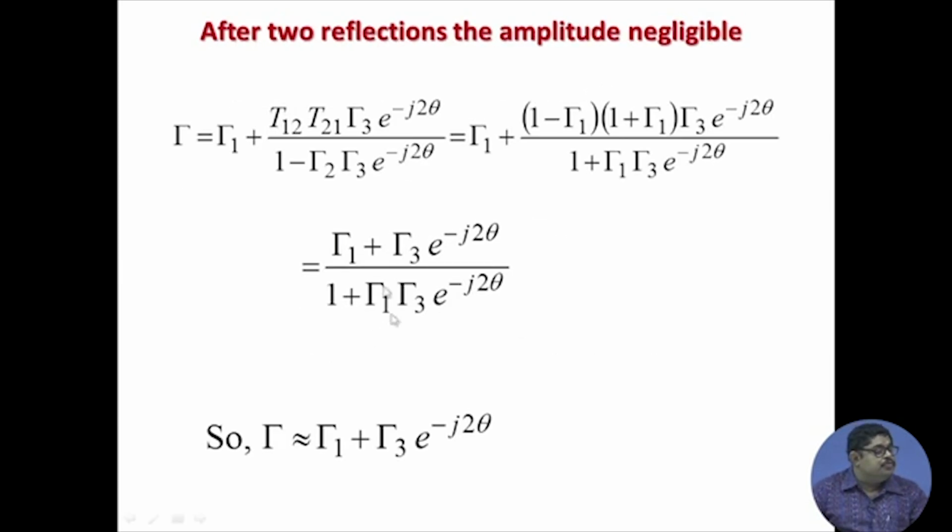If you do that, finally you can sum that geometric series and it becomes like this. Mainly the first reflection is very important, and also the second reflection, meaning one transmission going to the load and coming back. These two are important, others are there, but their values are falling. So, mainly these two determine the steady state value.